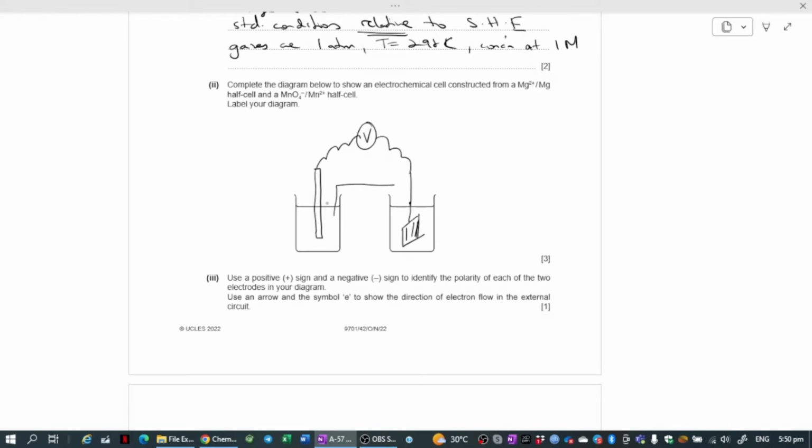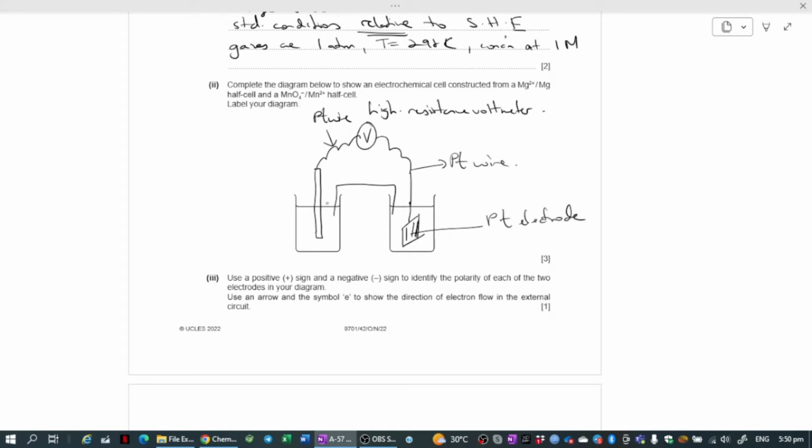Let us not forget our salt bridge. So we would label this as a high resistance voltmeter. This is platinum wire. This is also platinum wire, and this is a platinum electrode.